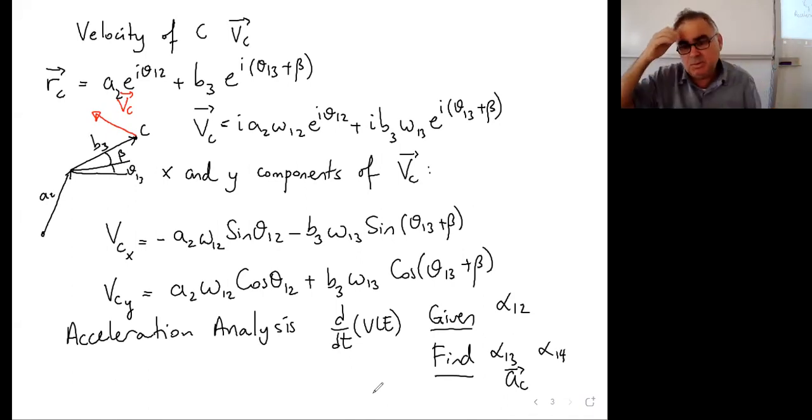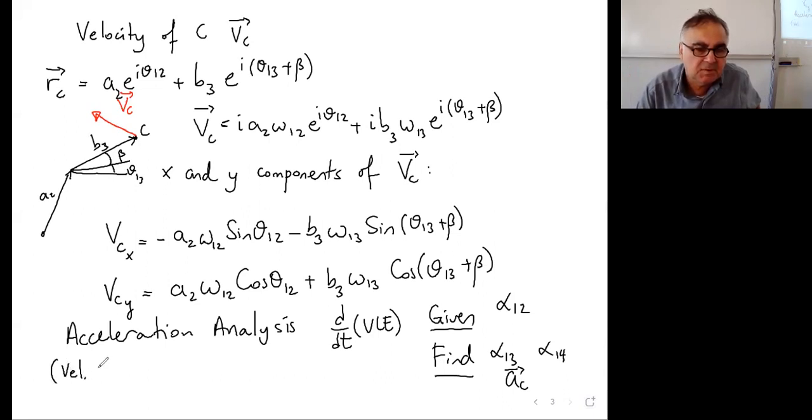All right, we need to take the derivative of the velocity loop equation. And by the way, velocity analysis must be done before. Velocity analysis is done.